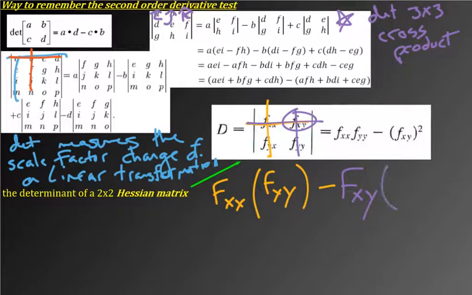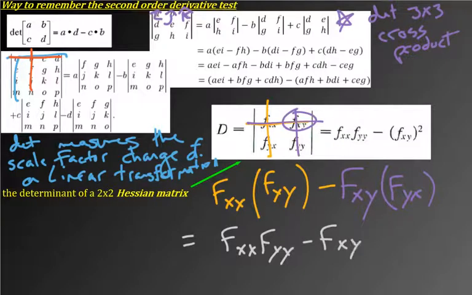And then you're multiplying by just a 1x1 determinant, which is really just, to not do too many circles, f y x. But we're using the fact that the mixed partials are the same. So that's why we get this result. So you don't need to really memorize this. You can just remember that it comes out of a determinant of a 2x2 matrix.